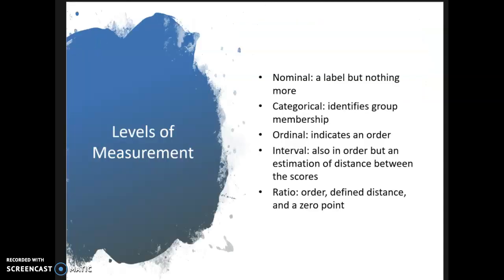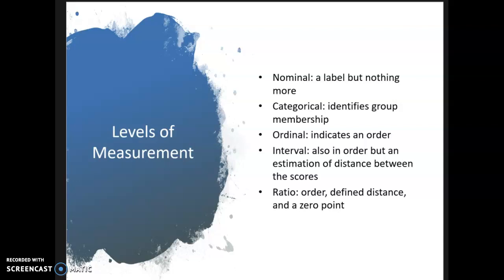When we're looking at the different levels of measurement, and this is important, you want to look at nominal. It's just kind of a label, and categorical, it identifies a particular group. When we're looking at ordinal, like the word infers, we're looking at an order.